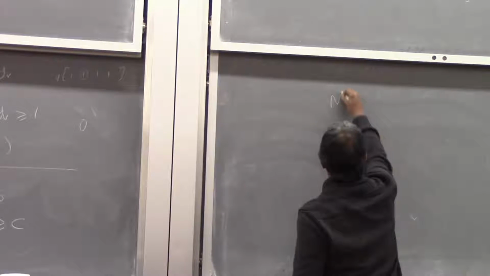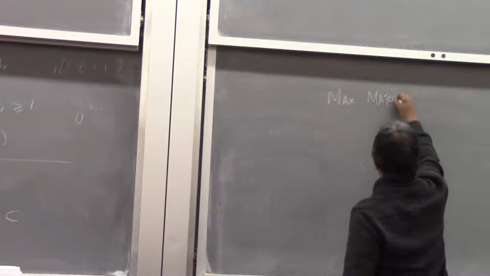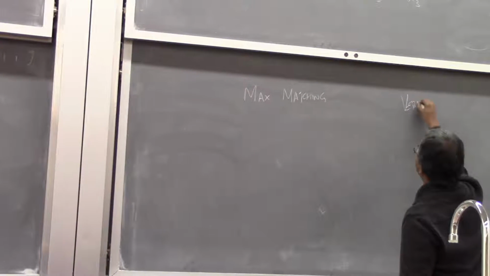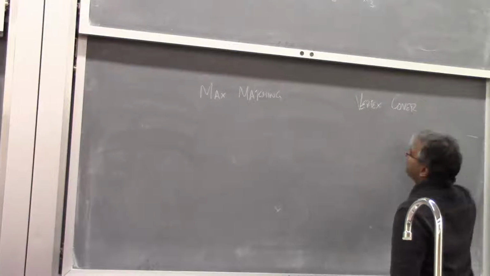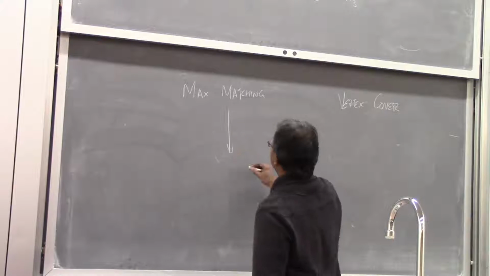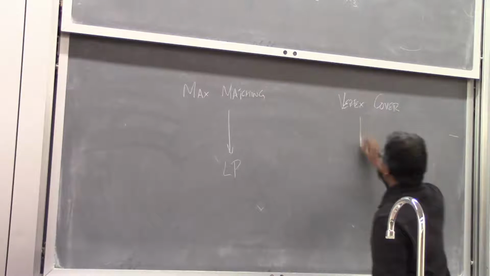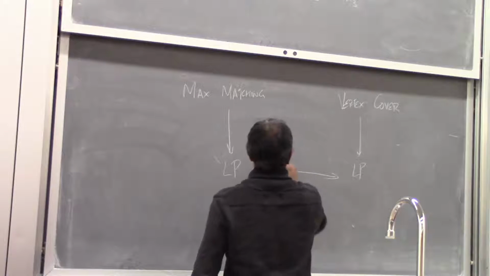If you take maximum matching, and you take vertex cover, and you write down its LP, and you write down this LP, these are duals.